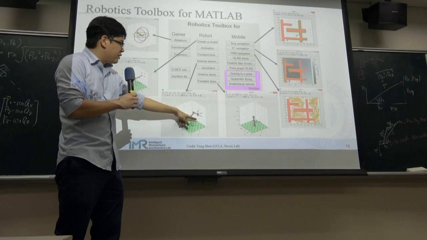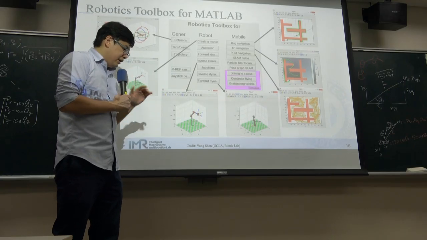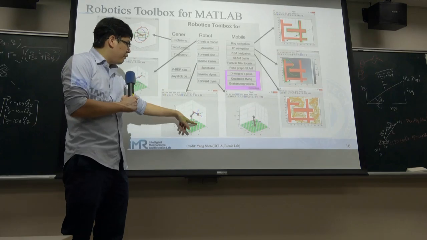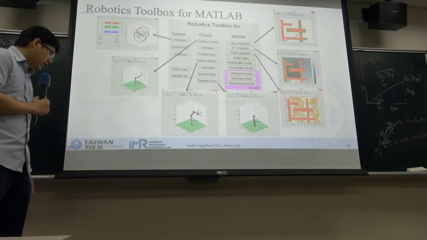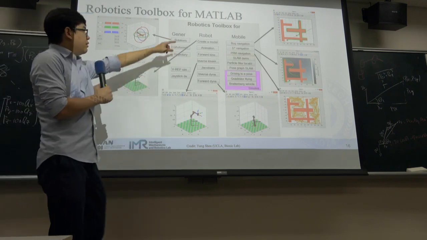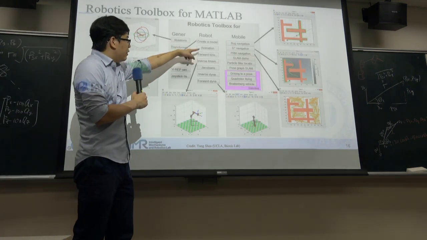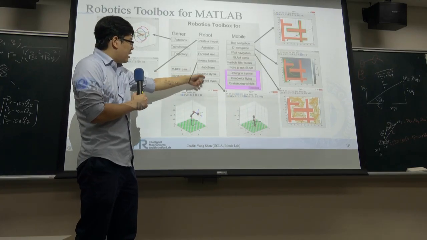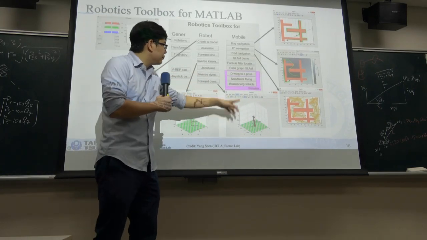And also there are some samples or examples inside, like this one is Puma 560. And I think we also have the Fanuc robot inside the toolbox. You can also show animation, forward kinematics, inverse kinematics, Jacobian, and inverse dynamics and forward dynamics.